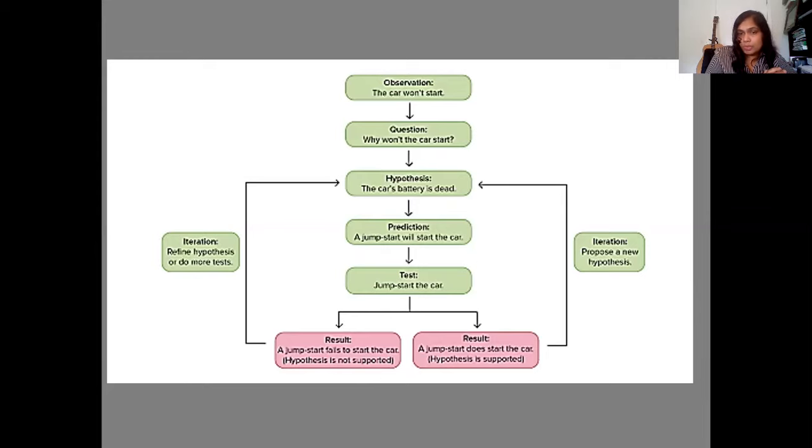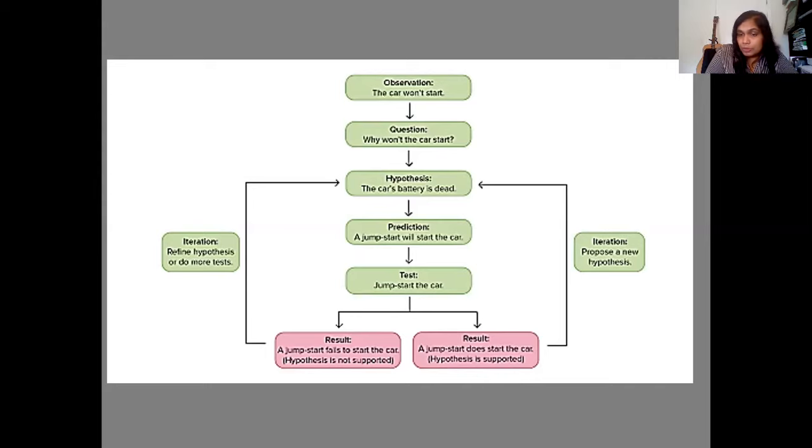Then the question is, why won't the car start? Then you make a hypothesis: the car battery is dead. That's one way of thinking about where the problem is. Then we do a prediction: let's give it a jump start, which might solve the problem. So the test would be to try the jump start on the car.